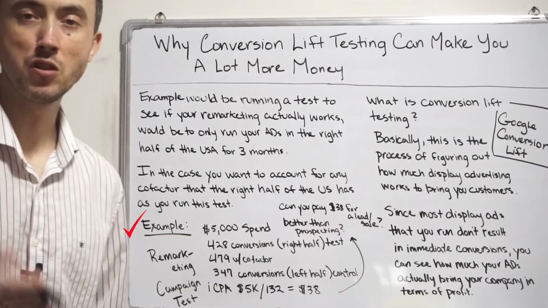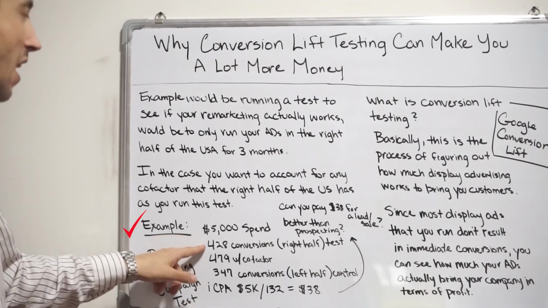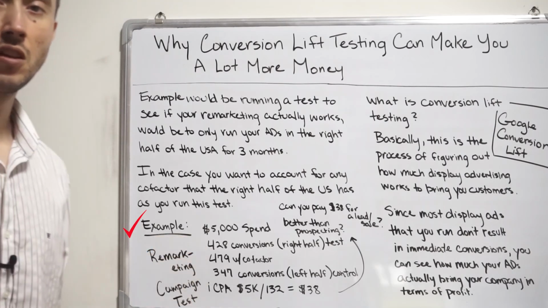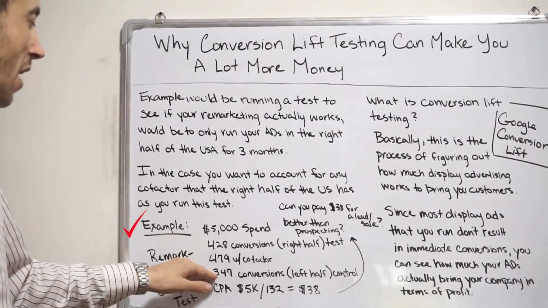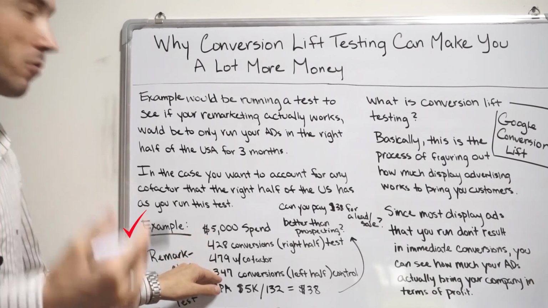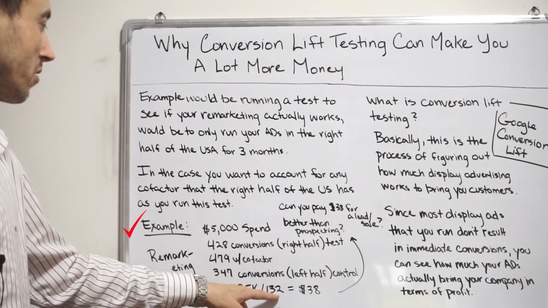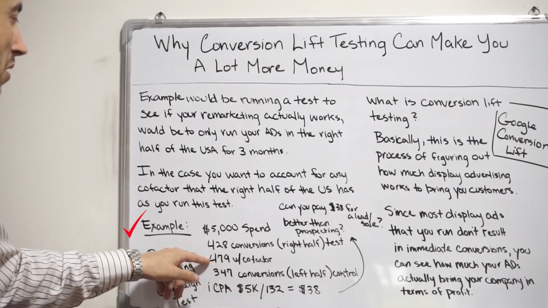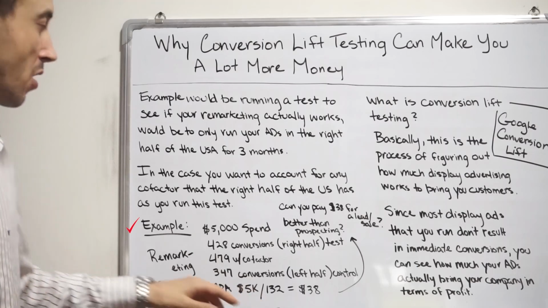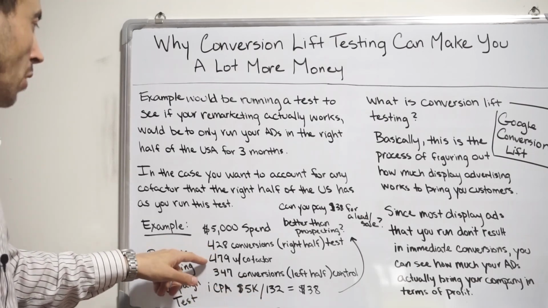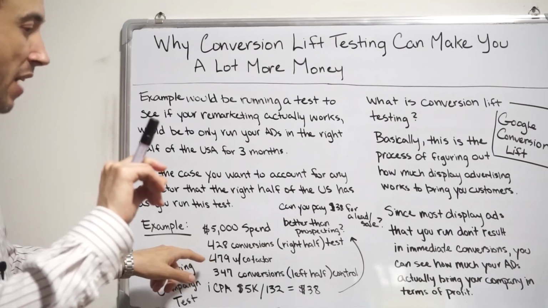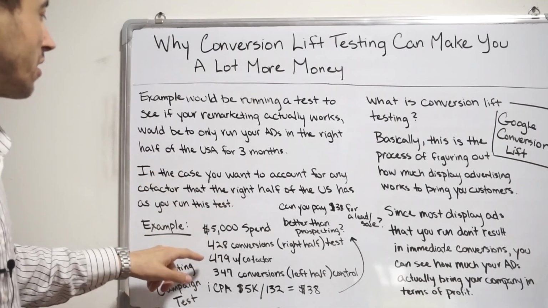The half of the country you're doing your remarketing in, of course, if that's a higher amount of conversions, then from there you just subtract that minus the other half of the country where the remarketing isn't running. The difference, which in our situation, after correcting our number, because the right half of the country converts a little bit less naturally than the left half.